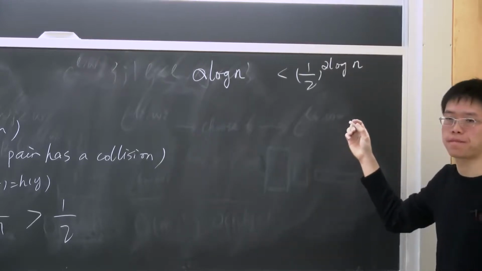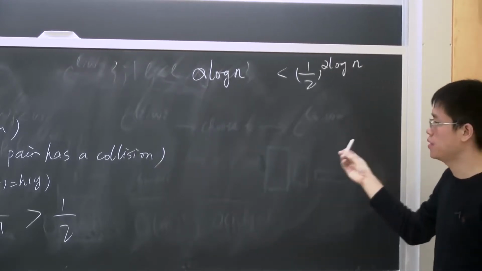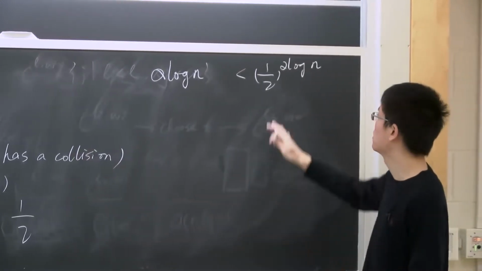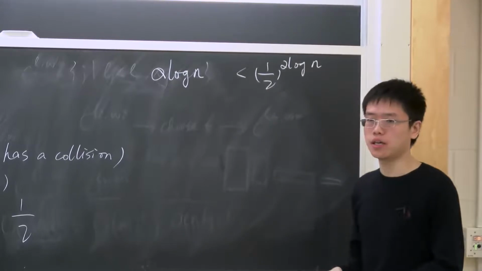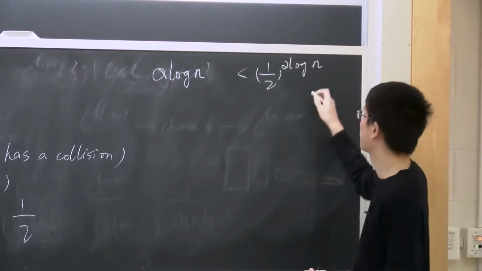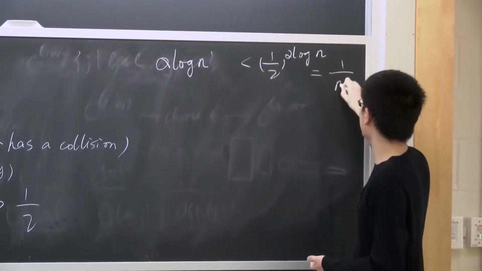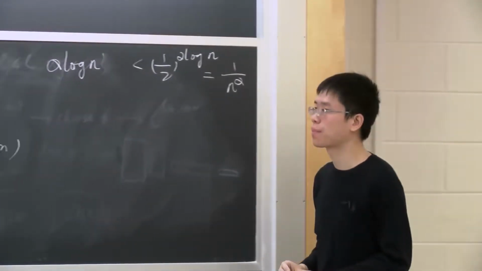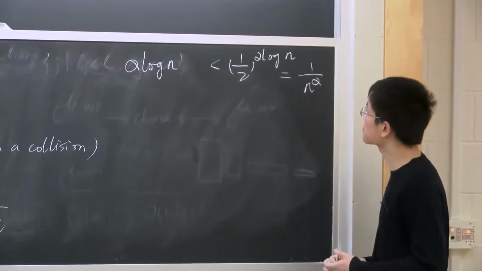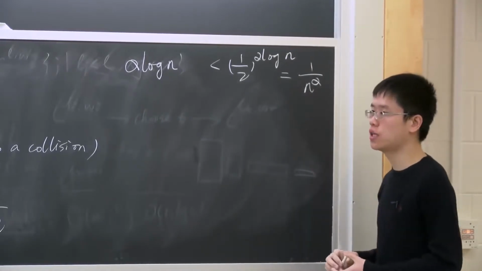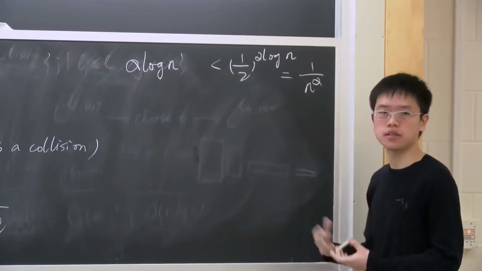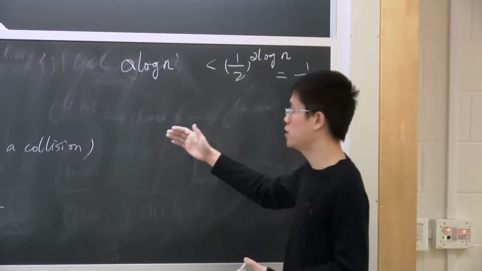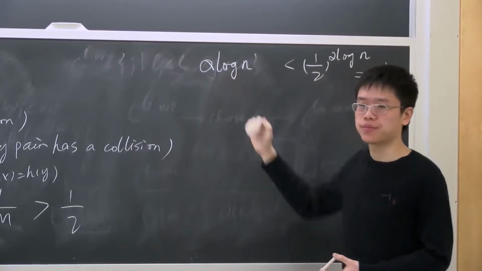Each try has a half success rate, and I try this many times. What's the chance of all of them failing? This is 1 over n raised to alpha. Of course, I can also say I'll keep trying until I succeed. Then I have a 100% success rate, but my runtime could potentially go unbounded. Make sense?